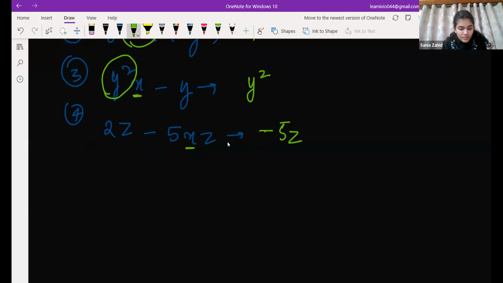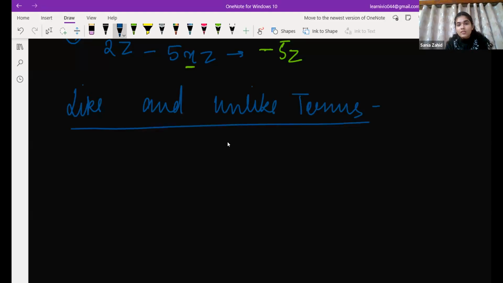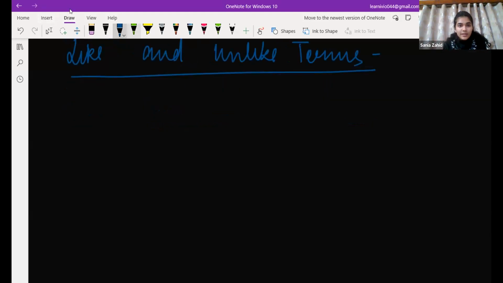Now, there can be some questions on like and unlike terms. What is the meaning of like terms and unlike terms? Like terms are terms with the same variable.